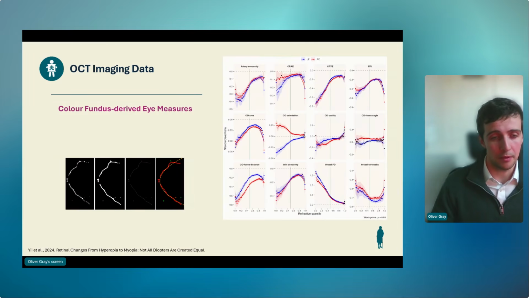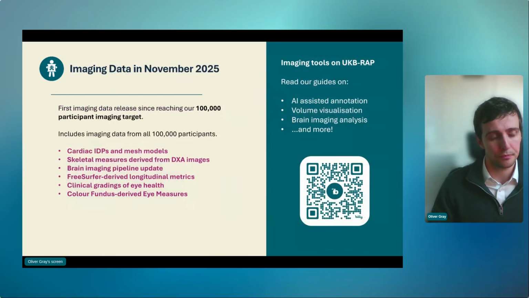Both of these data sets are provided for many thousands, tens of thousands of participants, and we're really looking forward to seeing expansions of these data in the future. So to summarize, this is the first imaging dataset release since reaching 100,000 participants.